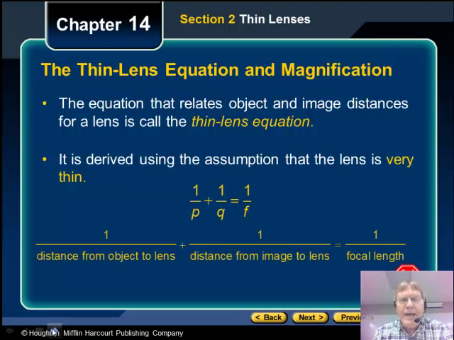And just as we saw before, 1 over the object distance, I prefer to use DO here and DI, but you'll notice this is the exact same equation we had for mirrors. 1 over the object distance plus 1 over the image distance is equal to 1 over the focal length. Exact same equation.